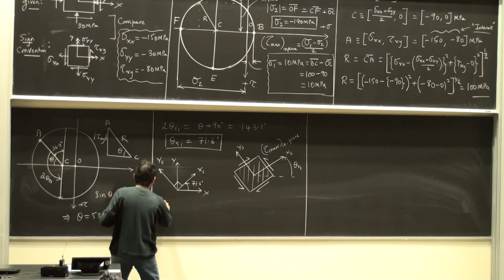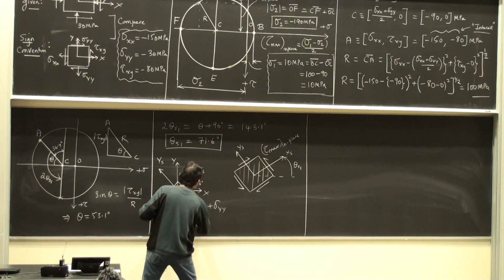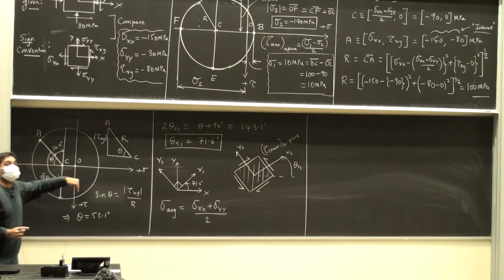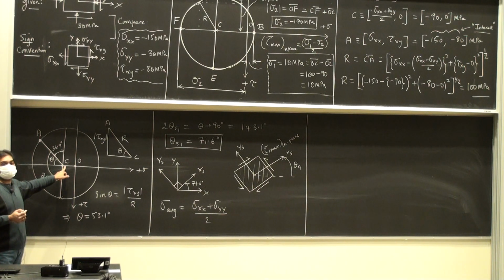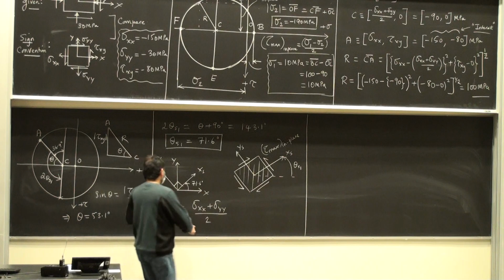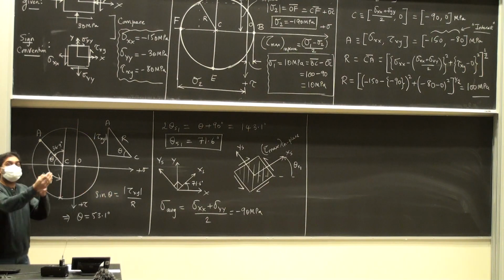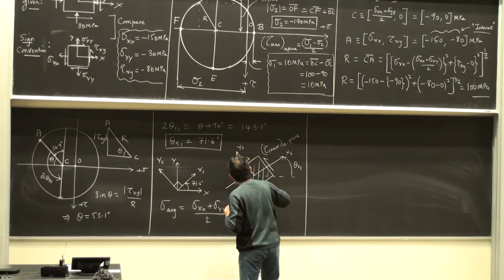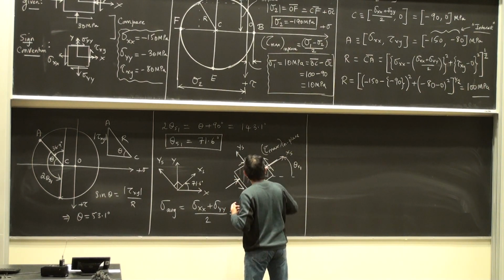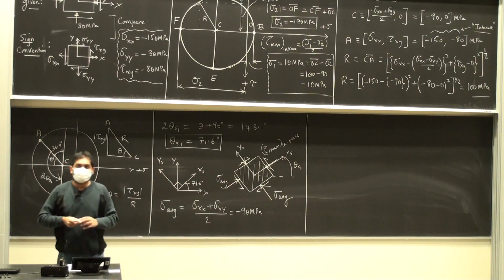Sigma average is sigma xx plus sigma yy divided by 2, where sigma xx is minus 150, sigma yy is minus 30, and so this is obviously going to be minus 90, which is coincident with the x value of point C. Which means that on your element, you're going to be drawing it as a compressive stress on all sides. Okay. Makes sense to everybody?